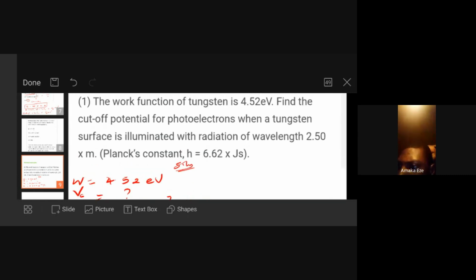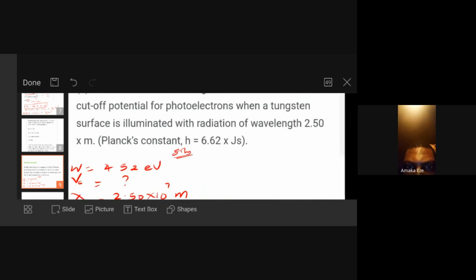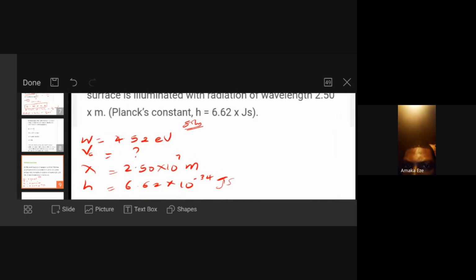Now, look at it. They say the work function of tungsten, so they gave us the work function. Remember this equation: E is equal to the work function plus the kinetic energy, KE. Always have this equation in your mind.